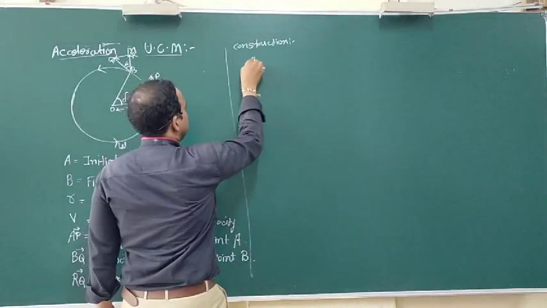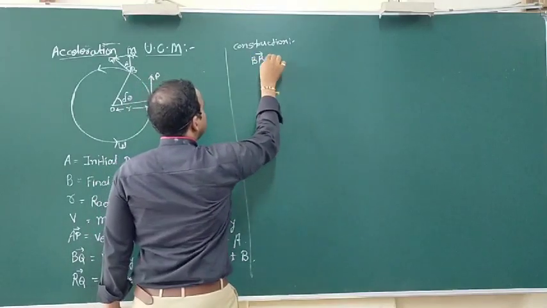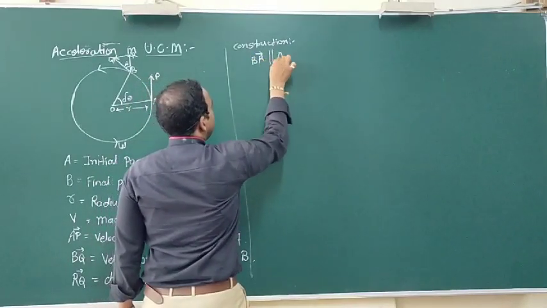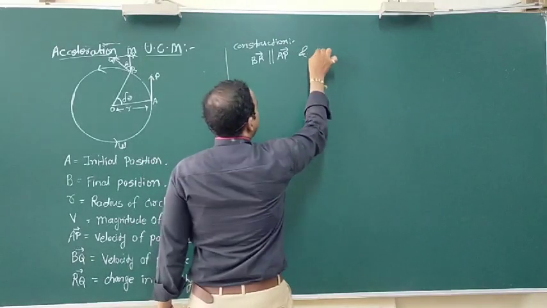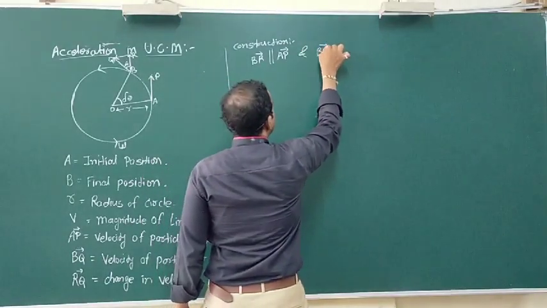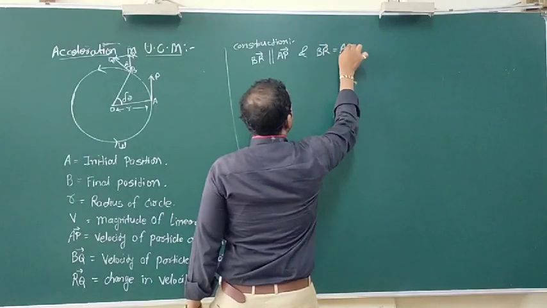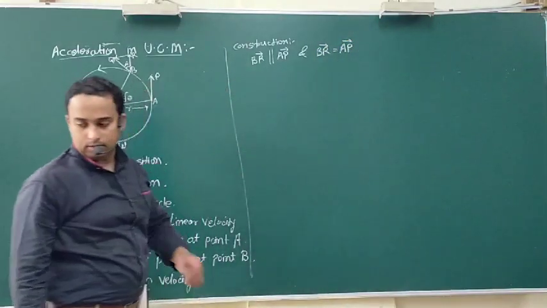That means BR bar is parallel to AP bar and BR bar is equal to AP bar.